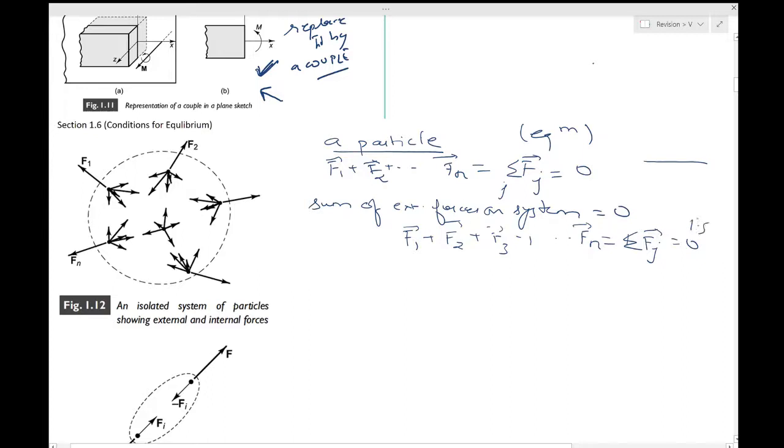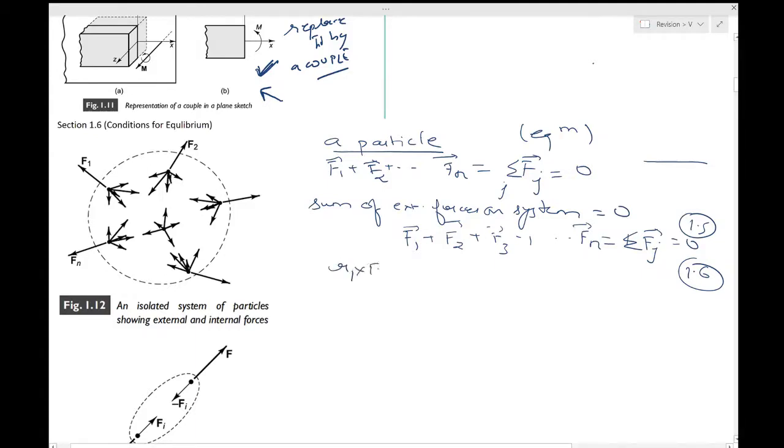This was 1.5, and 1.6, if you recall, was that the summation of all the moments of the external forces also has to be 0, and this moment is about any arbitrary point. So the point is not specific, it does not have to be the center of mass of the system.